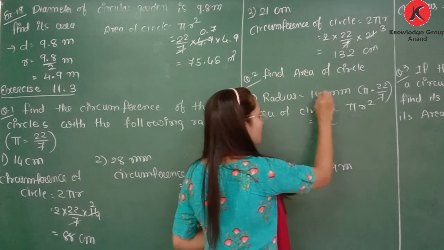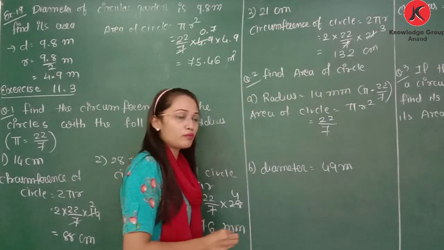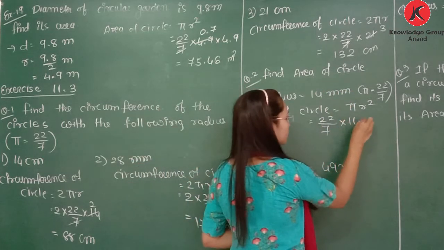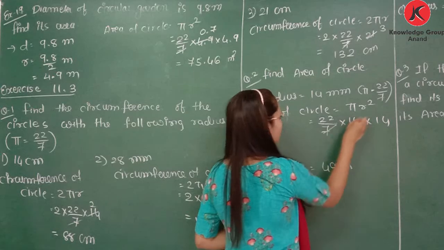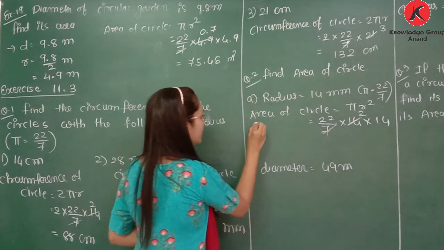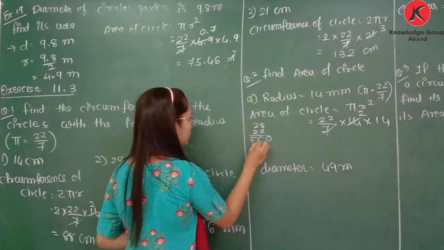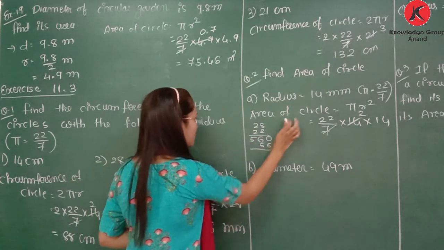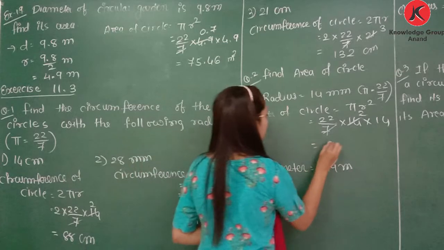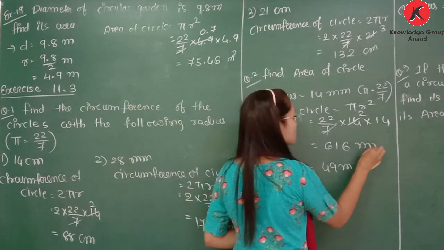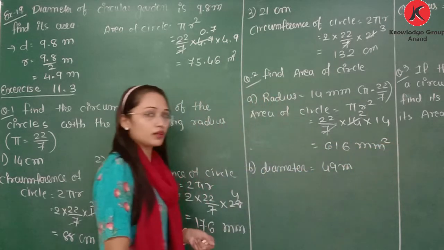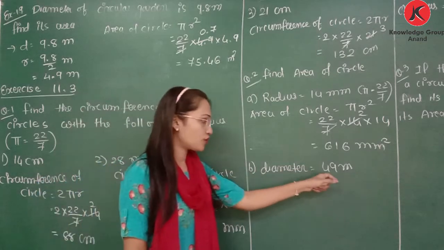Now here r square means multiply this 14 mm two times. So multiply 28 with 22. So that is 616 mm square.